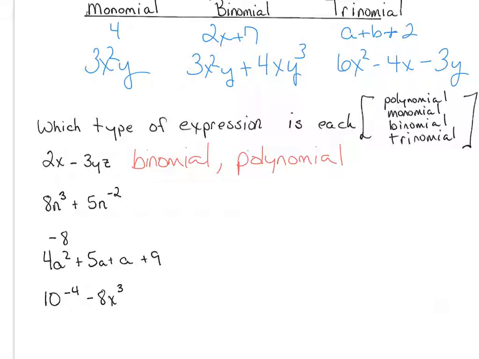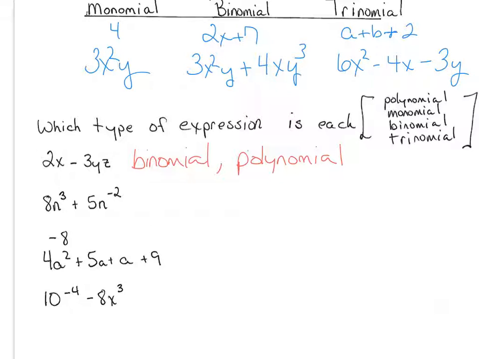Does anybody disagree? Why do you think it's not a binomial, Guillermo? Can't you add them together? Can you add the constants together? Okay, it's not a binomial, but they have the same base.